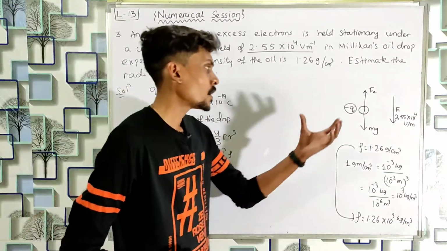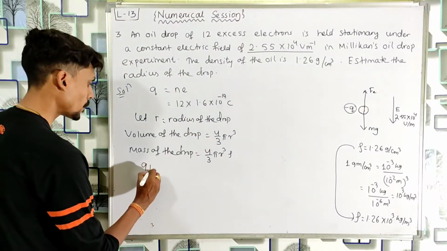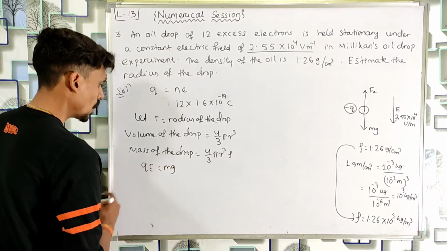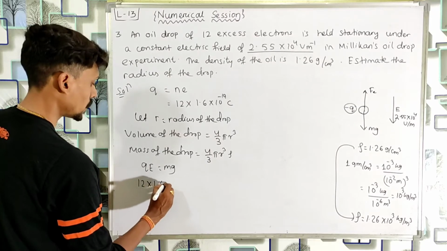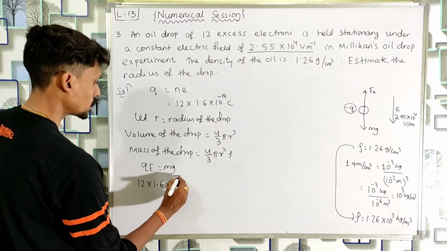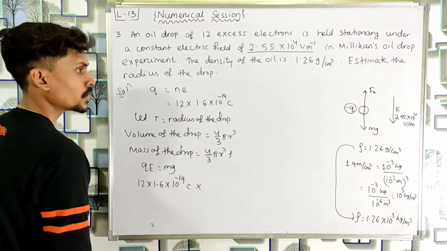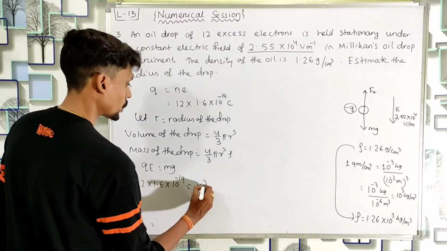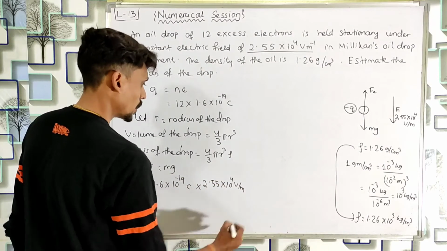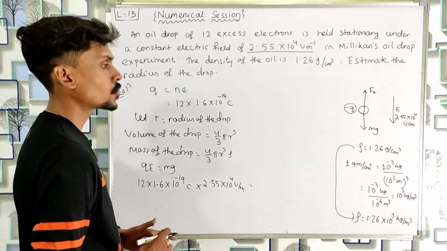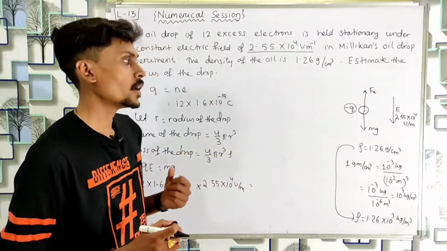Then look at the condition. The electric force must be equal to the weight, means QE is equal to mg. What is Q? Q is 12 into 1.6 into 10 to the power minus 19 coulomb, into electric field, which is given as 2.55 into 10 to the power 4 volt per meter, and this QE should be equal to the weight, so that the oil drop will be held stationary.